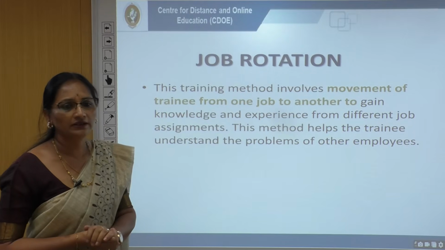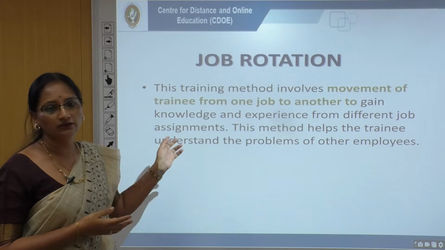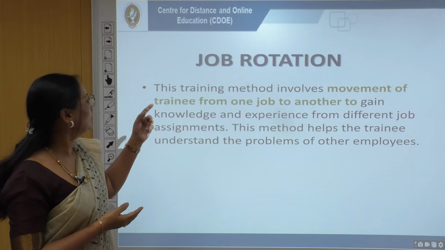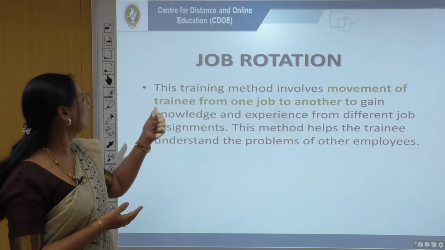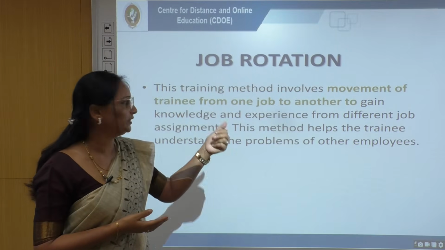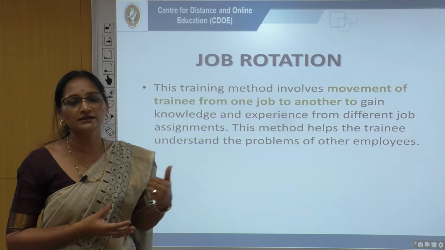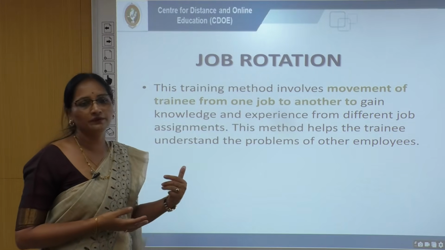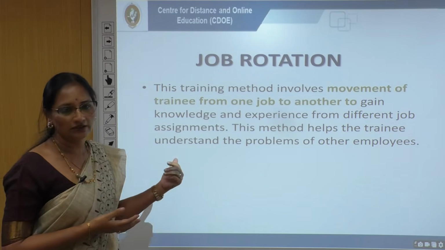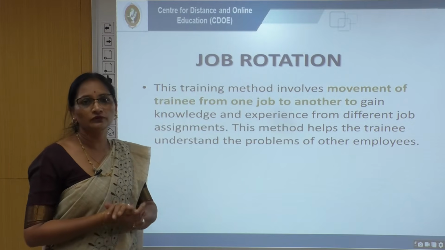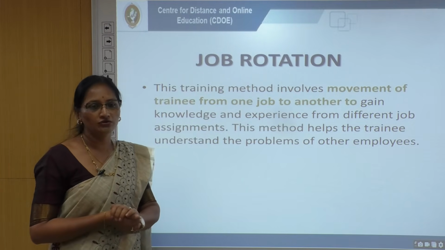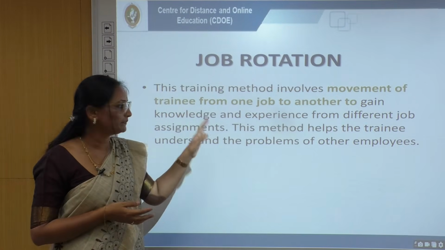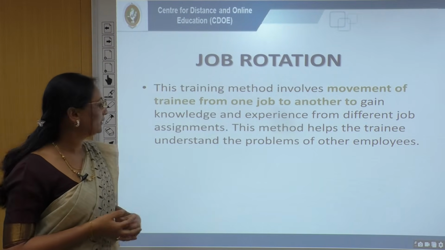Job rotation is the first one in on-the-job training. In this method, the trainee moves from one job to another. When an employee is shifting from one job to another in the organization, this type of training can be conducted, because they need some additional knowledge, skills and experience for the new job.